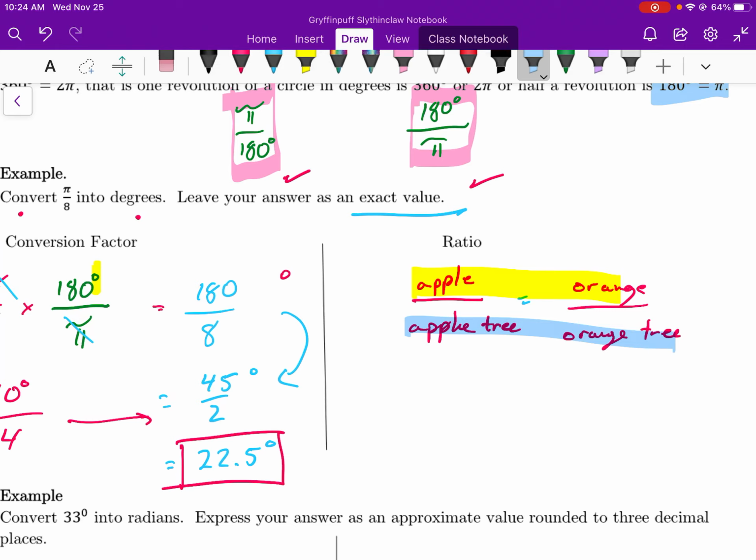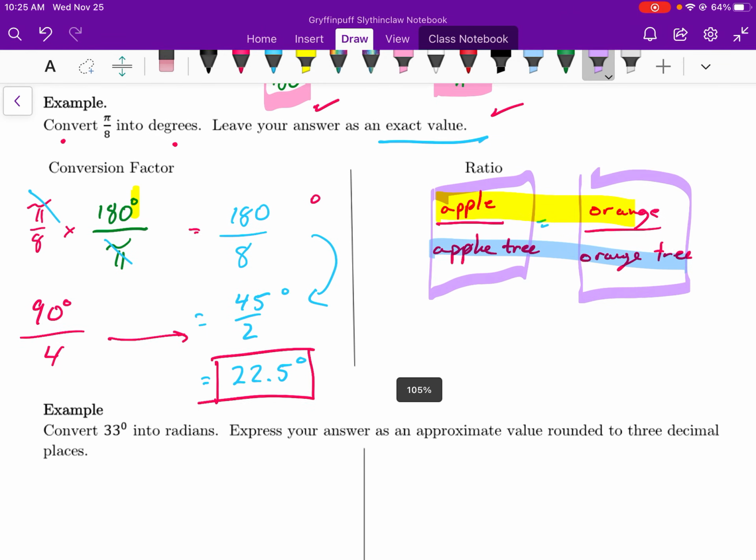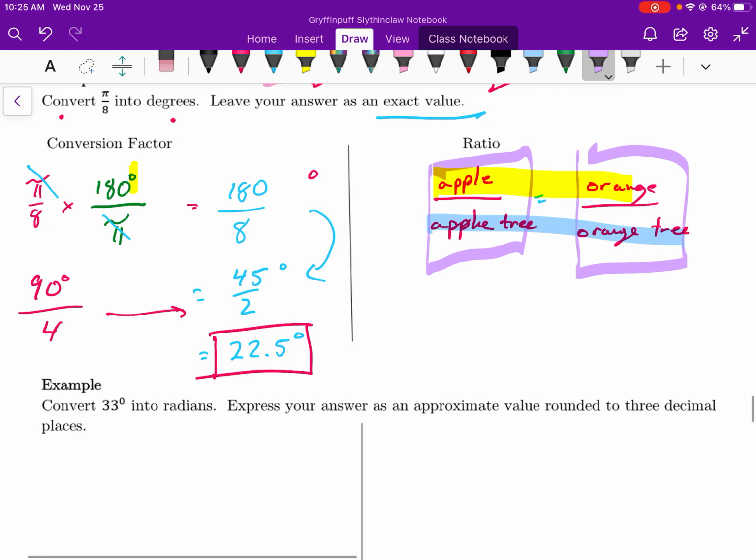A lot of you guys are probably looking at your computer screen perplexed. On the left-hand side, I'm talking about everything that has to do with apples. On the right side, this is everything to do with oranges. Ratios are set up with this beautiful idea of symmetry. There's 3 different types of symmetry there.